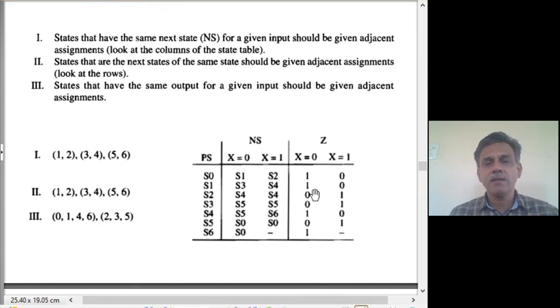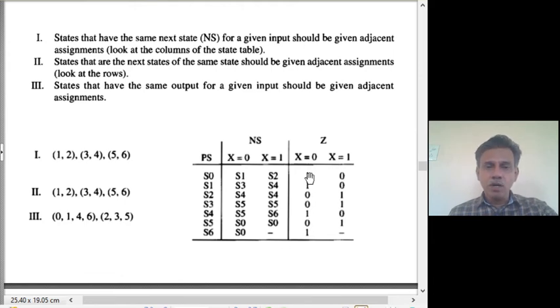Finally, the guideline is related to the output, the way outputs are produced. All states that produce the same output for a given input have to be adjacent. So, look at the column in the output part of the table. All states that produce the same output, say 1, when x equal to 0 should be adjacent.